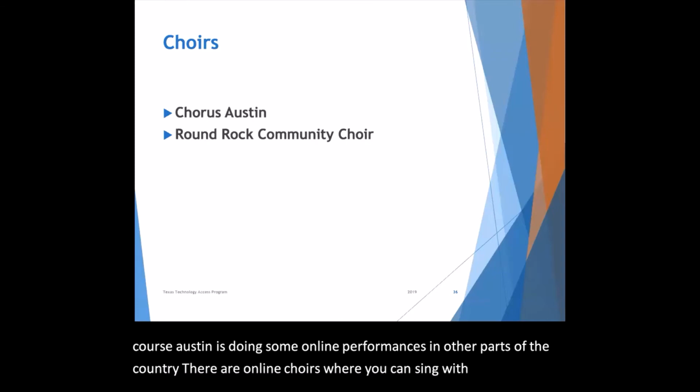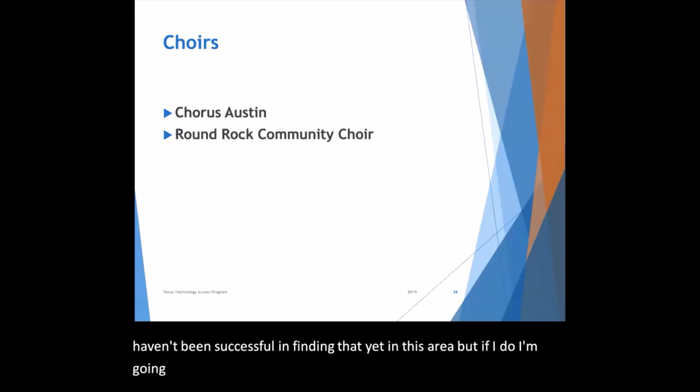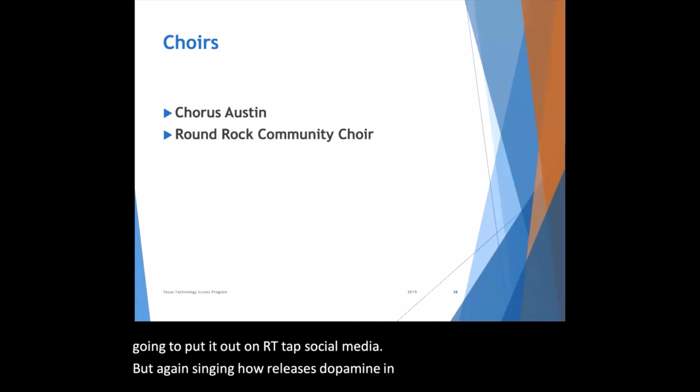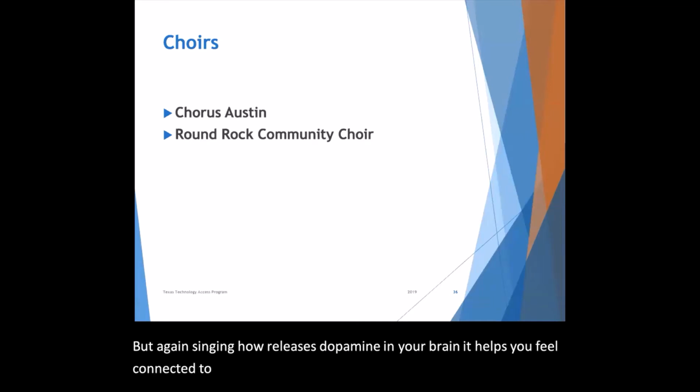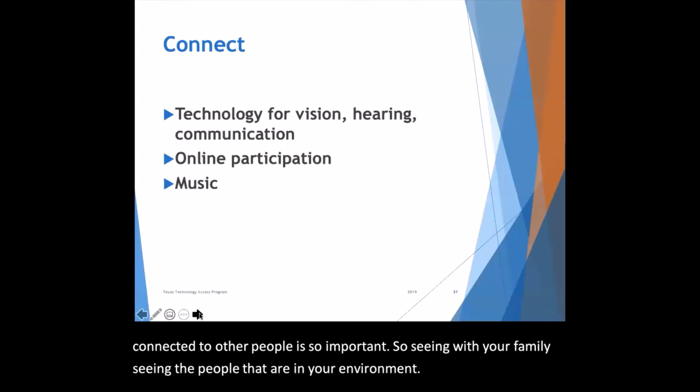I haven't been successful in finding that yet in this area. But if I do, I will put it out on our TTAP social media. But again, singing releases dopamine in your brain. It helps you feel connected to other people. It's so important. So sing with your family, sing with people that are in your environment.